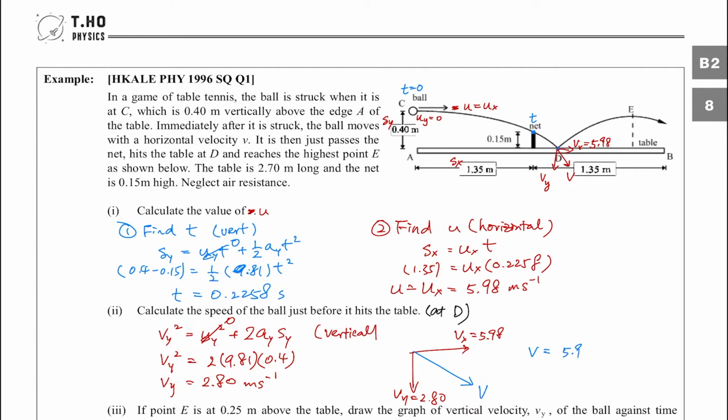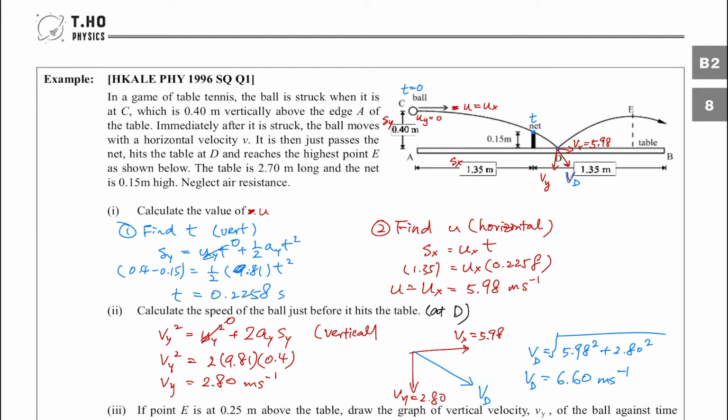V is given by the square root of 5.98 squared plus 2.80 squared, which would be equal to 6.60 meter per second. This is the speed at D, 6.6 meter per second.